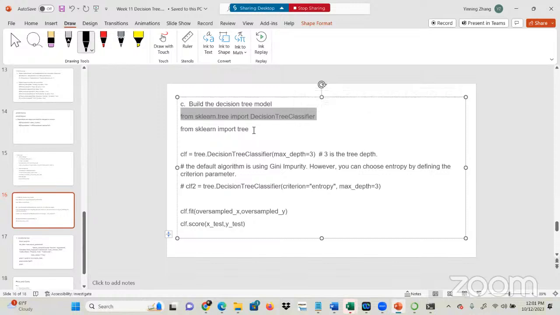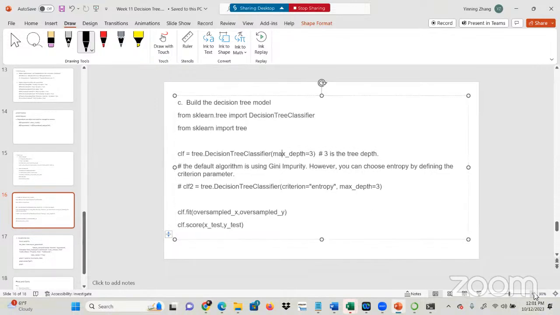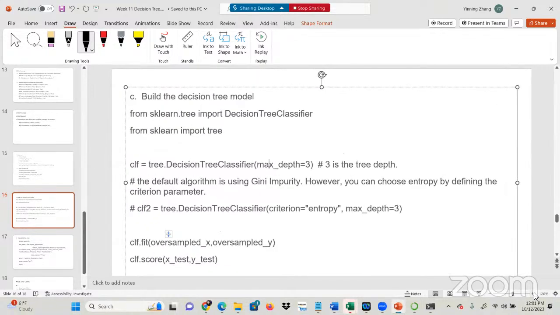This should be enough. I don't think we need this line. Here, as you see in my slide, the default algorithm uses Gini impurity. However, you can change the criteria to entropy.